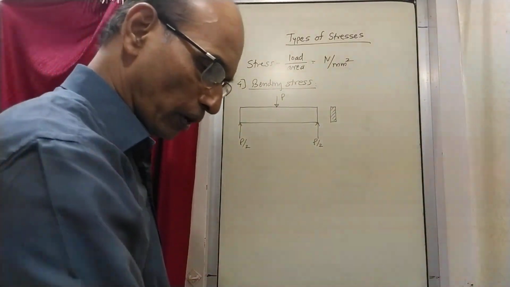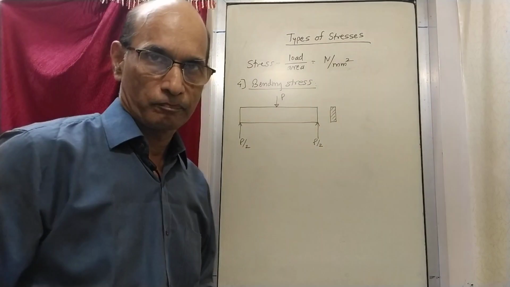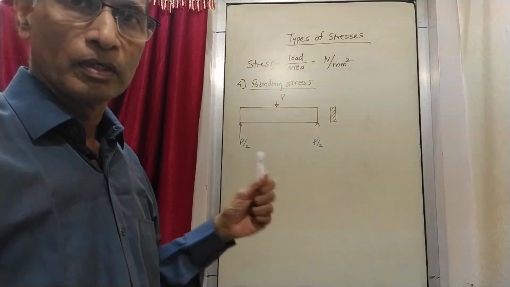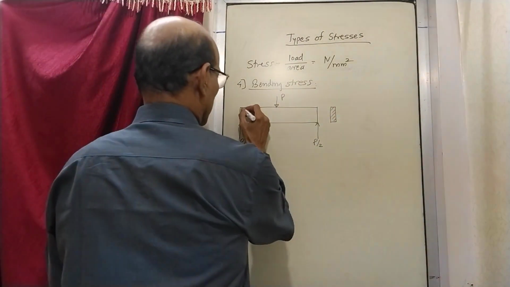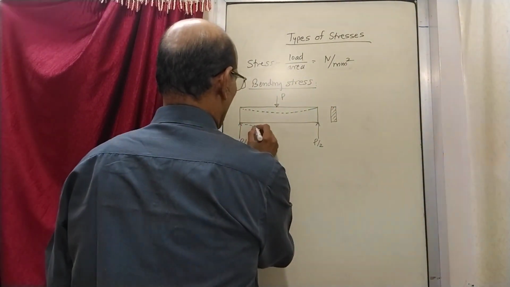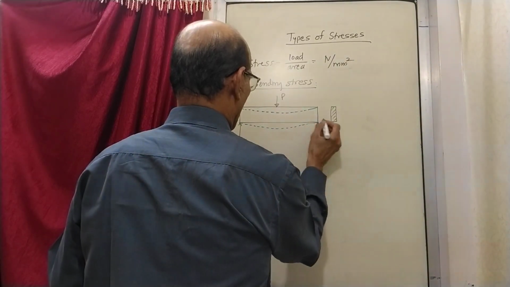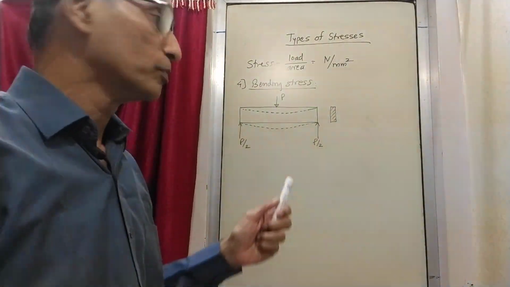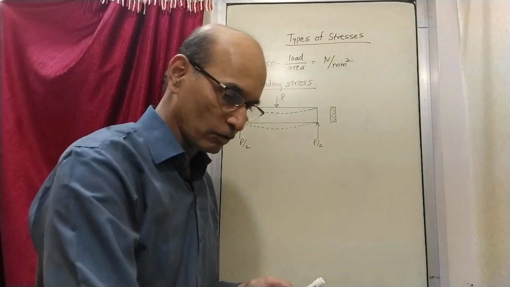Now what will happen because of this load? Because of this load, the tendency will be to bend like this. The tendency of the beam is to bend like this, and as a result what will happen?